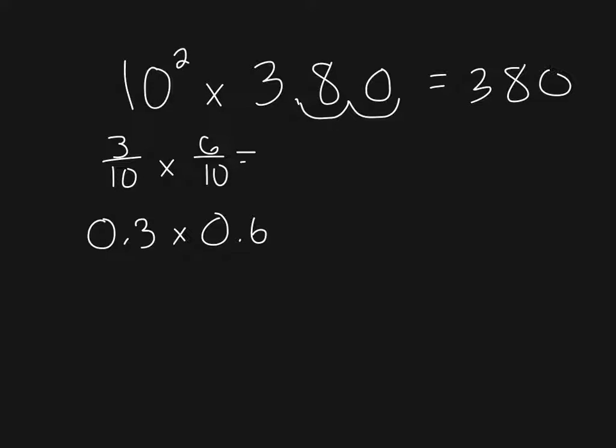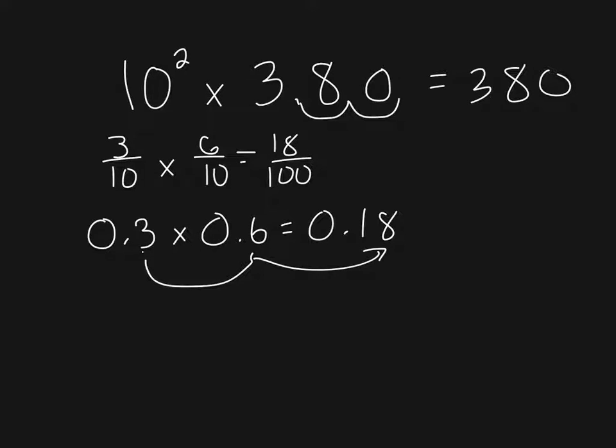So 3 times 6 is 18, and then 10 times 10 is 100. So the answer would be 18 hundredths. Once again, the multiplication itself doesn't change. We have 3 times 6, which equals 18. It's just a matter of where the decimal point goes.